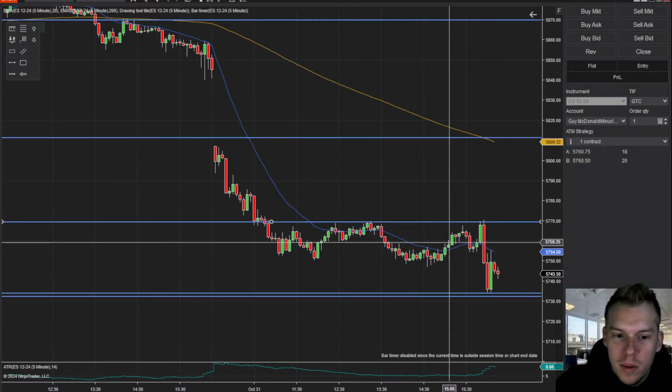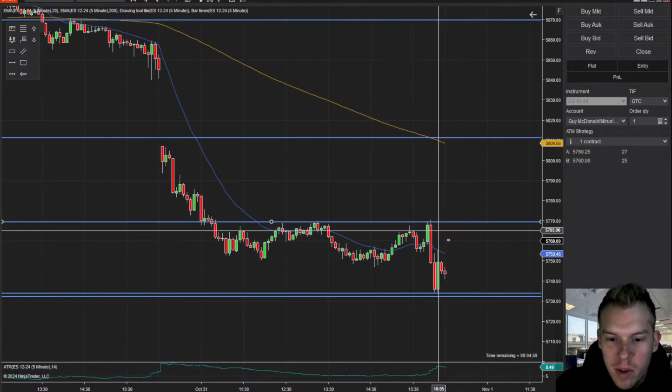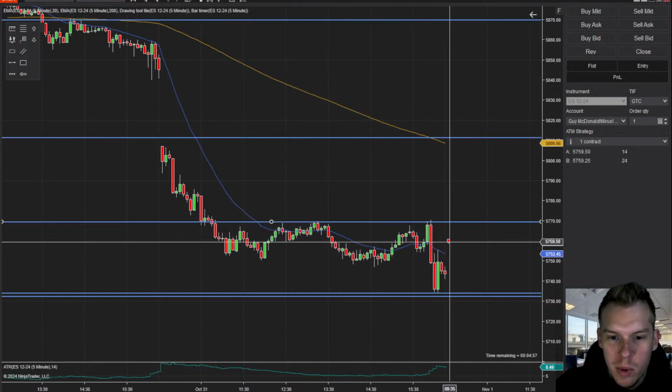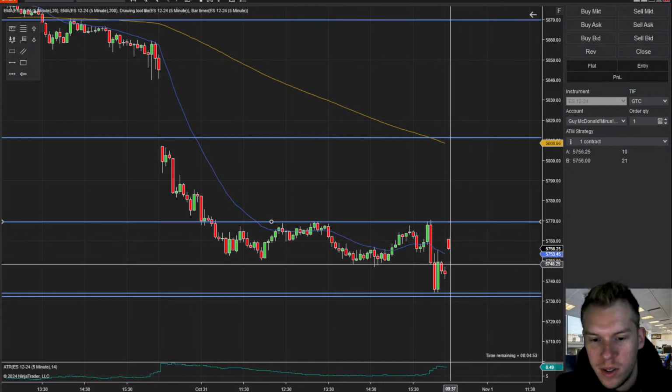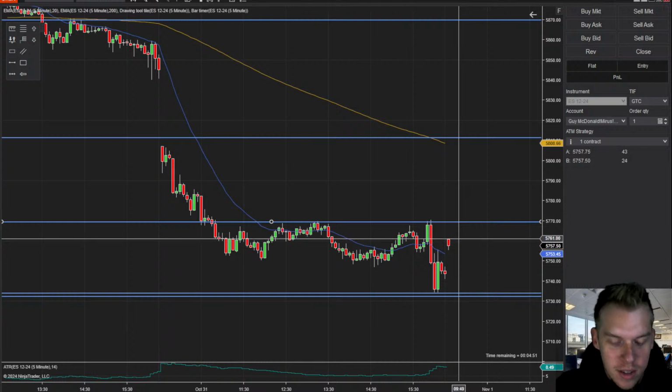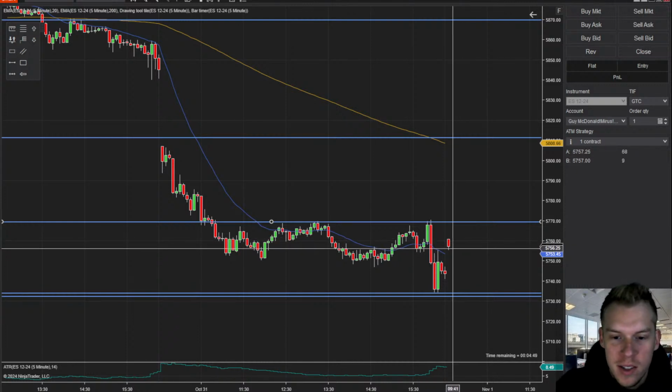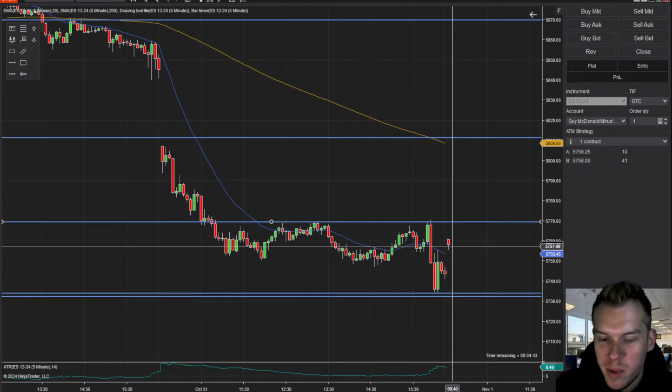Oftentimes, I'll draw in these overnight highs and lows, and it gives me more context. It gives the open targets to hit. The open likes to test both ways sometimes, and the overnight high and low act as a couple of those levels that it wants to get to.